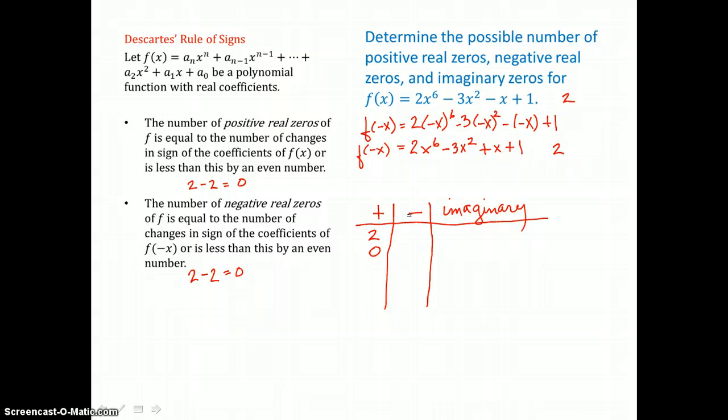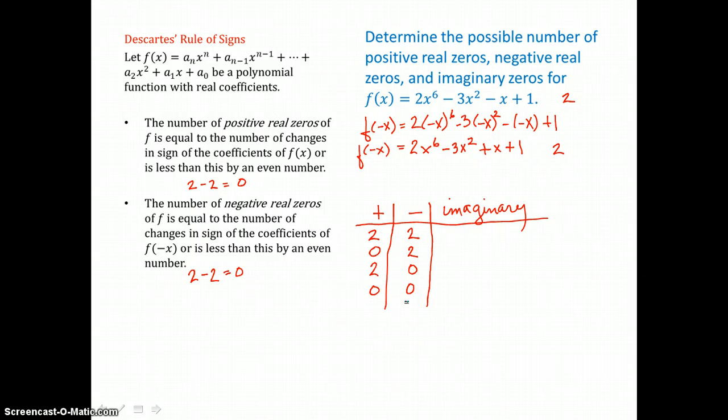So we could have 2 positive real zeros and 2 negative real zeros, or we could have 0 positive real zeros and 2 negative real zeros, or we could have 2 positive real zeros and 0 negative real zeros, or 0 positive real zeros and 0 negative real zeros.